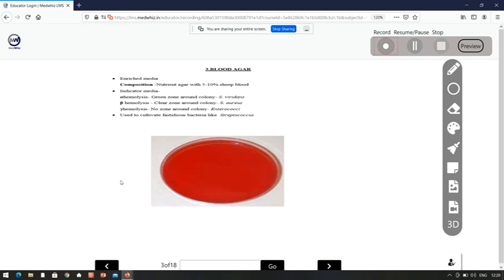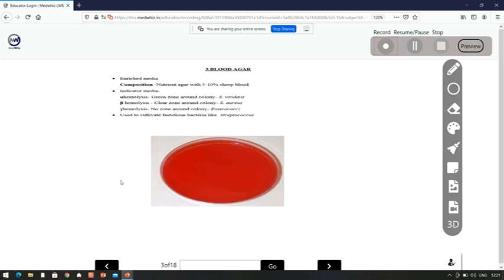On blood agar, bacteria demonstrate a certain property called hemolysis, which we have categorized into alpha, beta, and gamma hemolysis.